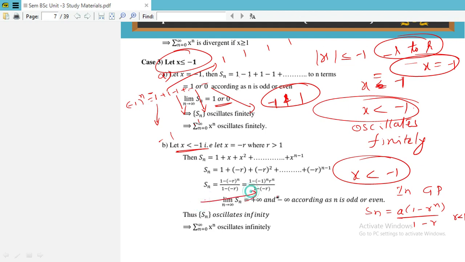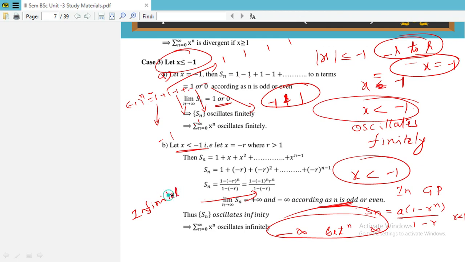This tends to plus infinity and minus infinity according as n is even or n is odd. This is oscillating between minus infinity and plus infinity. Therefore, it is an infinitely oscillatory series.